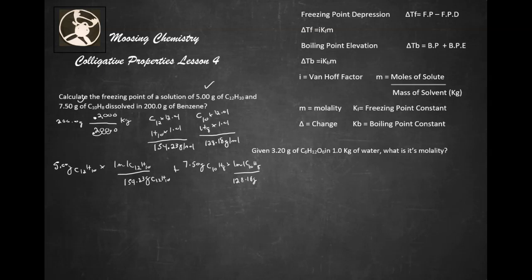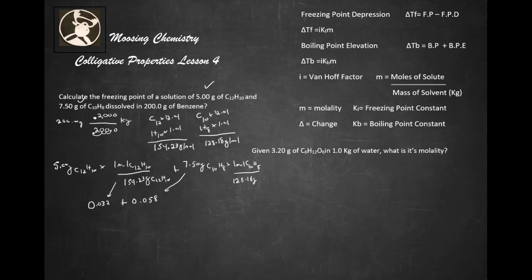So when you do this, you find that this first one is going to be 0.032 plus 0.058. That number came from there, and this number came from there.